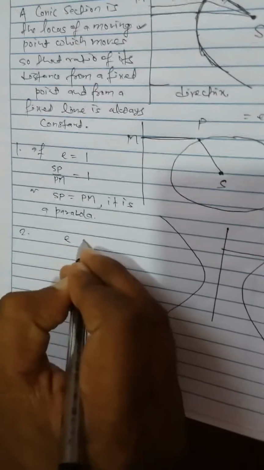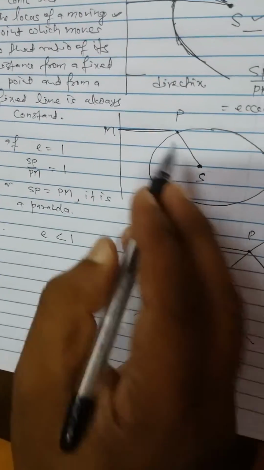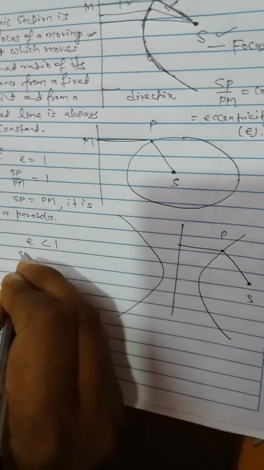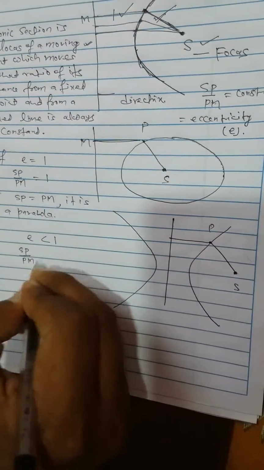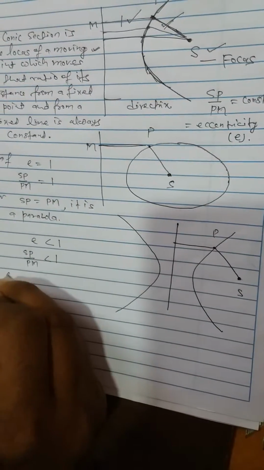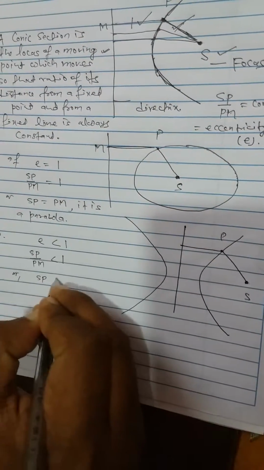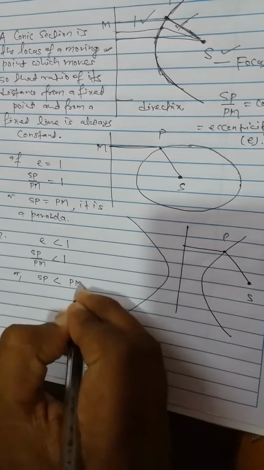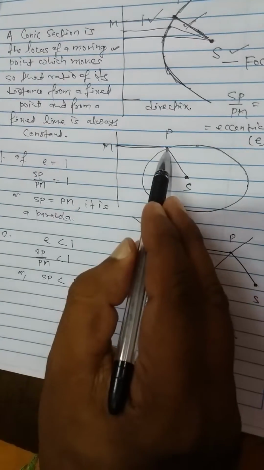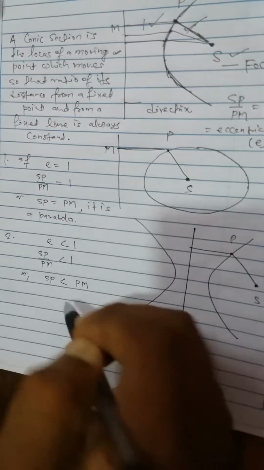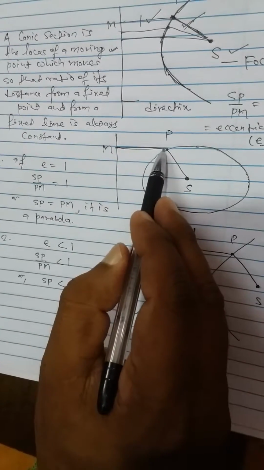In the second case, if this eccentricity is smaller than 1, again eccentricity is SP by PM, and SP by PM is smaller than 1. Let us do cross multiplication. SP will be smaller than PM. What is SP? SP is the distance from the fixed point, and PM is the distance from the fixed line.